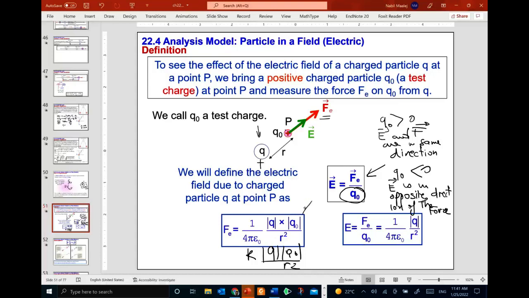So if you take this equation and divide it by the test charge Q0, you end up with this equation. So it's 1 over 4 pi epsilon 0, or K, Q divided by R squared. So this is the electric field. All right. So the electric field is K Q divided by R squared.